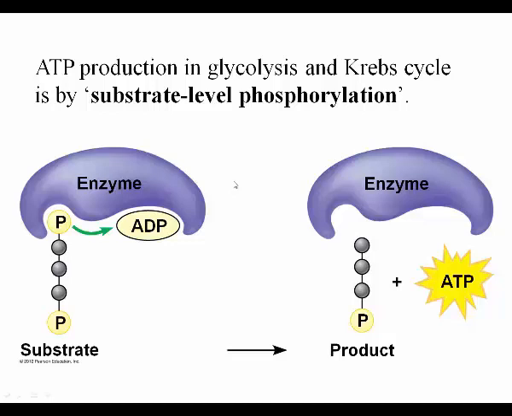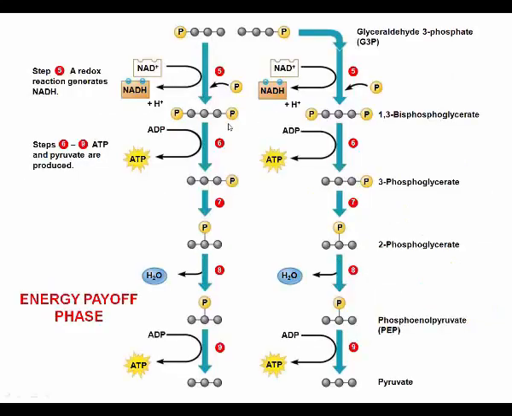The ATP production that we saw in glycolysis is a result of something called substrate level phosphorylation. Notice that I had a phosphorylated substrate here. When the reaction occurred, I got ATP out and I've lost a phosphate here. The reason why this process right here is called substrate level phosphorylation is because the enzyme's substrate had a phosphate, and one of the other substrates for the enzyme was ADP.